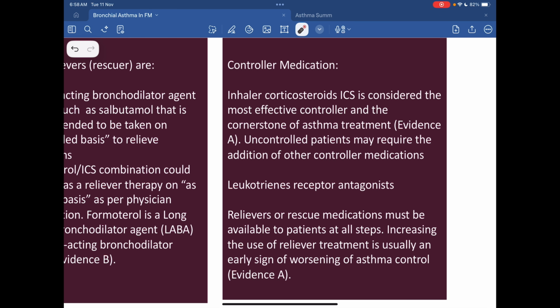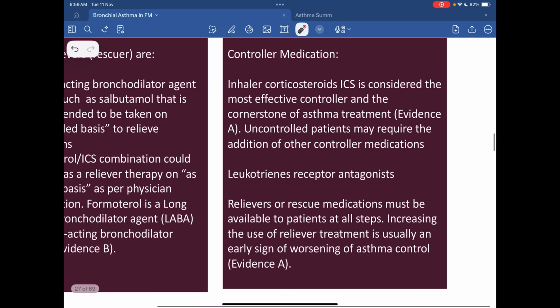Controller medication mainly وعادة يكون inhaled corticosteroid. It's the most effective controller and the cornerstone of asthma treatment.